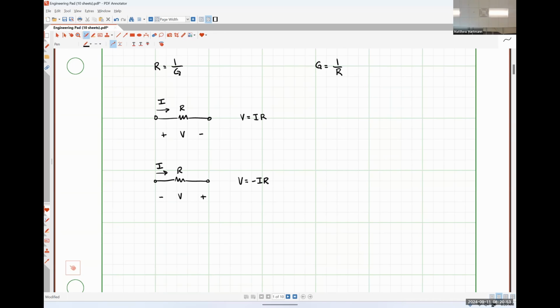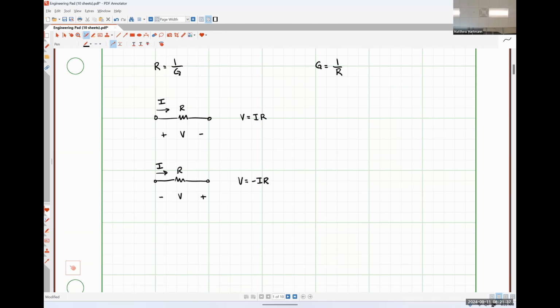A resistor is fundamentally incapable of storing any energy at all, which means we can never have a supplied power with a resistor because it can never store energy to supply it to anything else. So we need this negative sign in Ohm's law when the current is flowing into the negative polarity terminal to force the resistor to always be absorbing power, or always be converting electrical energy into heat energy. So that's why we need that negative sign there.